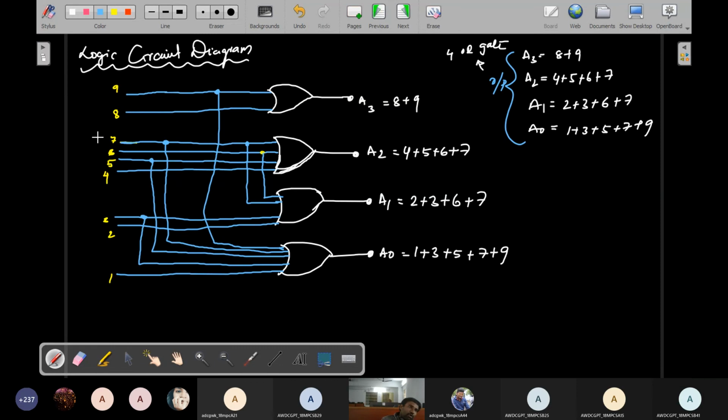Otherwise 1, 2, 3, 4 all the terminals you will take, no problem. But here the first one is a combination of 3, 5, 7, 9, but 3, 5, 7, 9 I already used here, so simply connect that connection. So this gives the logic circuit diagram of the decimal to BCD encoder.